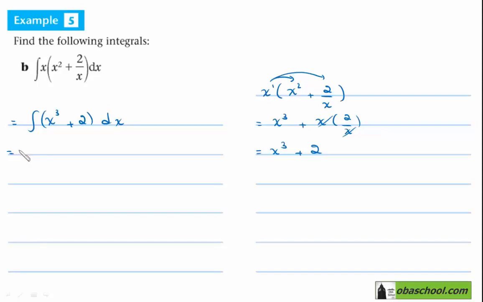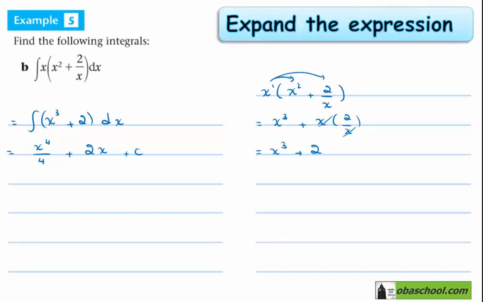The integration of x cubed with respect to x is x to the power 4 divided by 4, where 4 is n plus 1. And the integration of 2, the constant, is 2 multiplied by the variable x, plus c. As you observe, our solution is straightforward after we expanded the original expression.